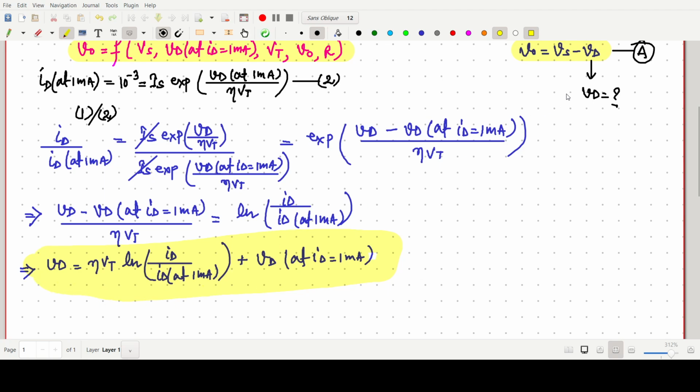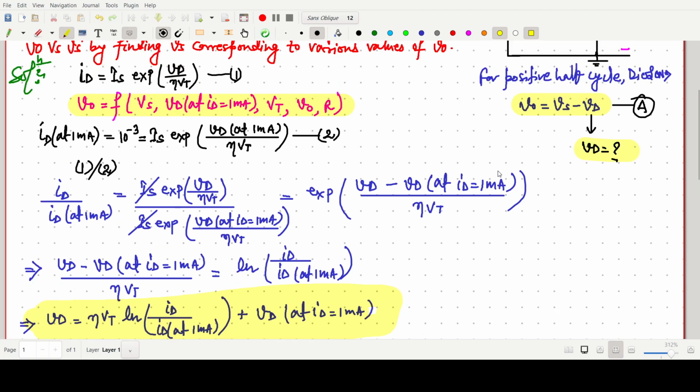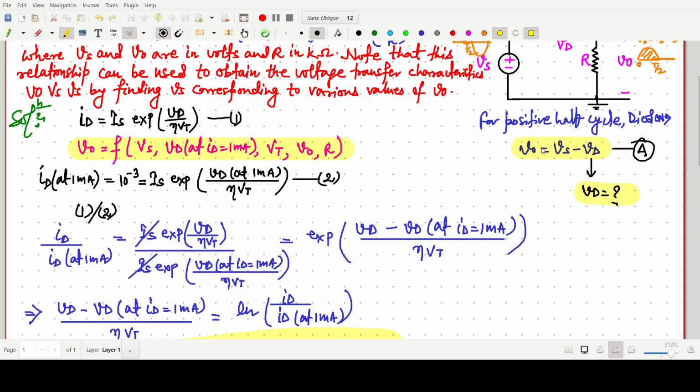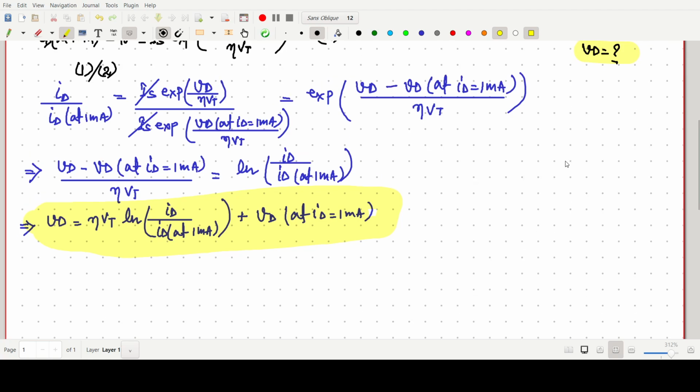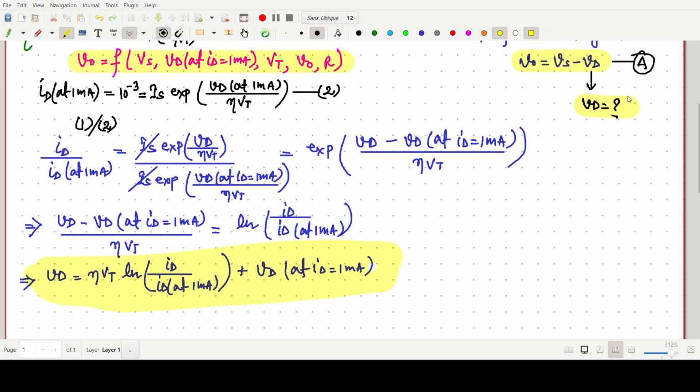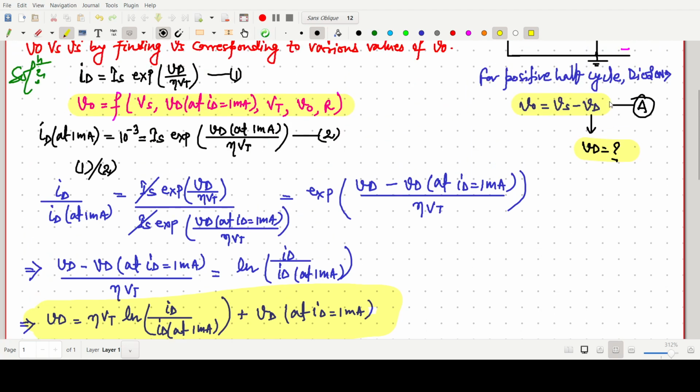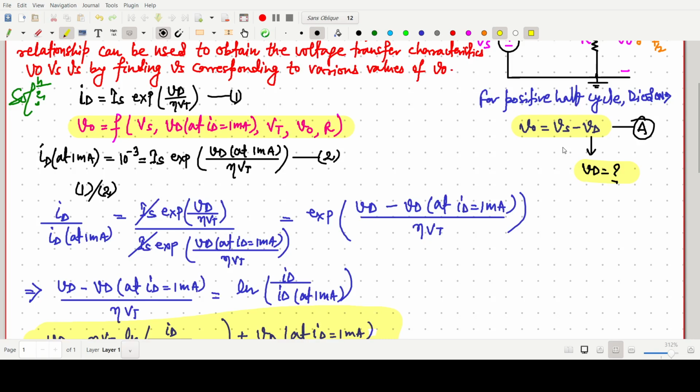Okay, we have found this Vd, because it is necessary: we have to write the output voltage V naught as Vs minus Vd. Now we have to use that equation A, the output voltage for a half wave rectifier, Vs minus Vd.